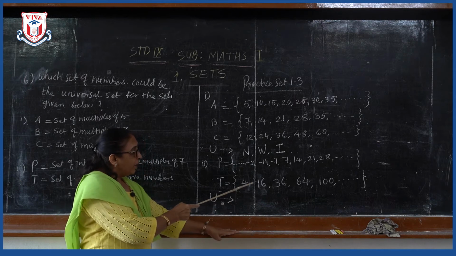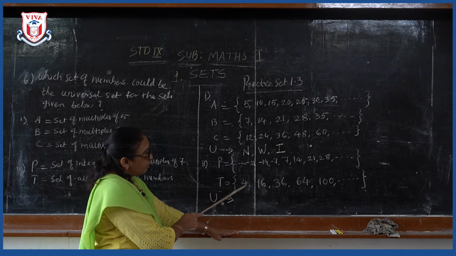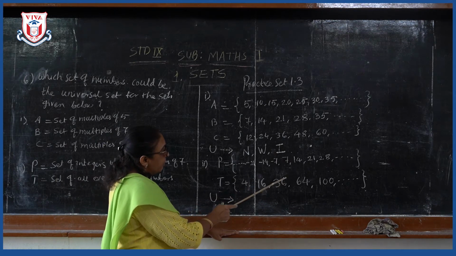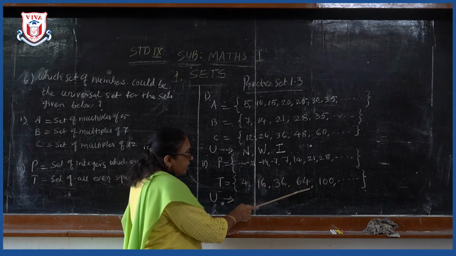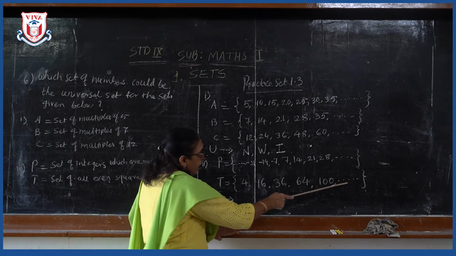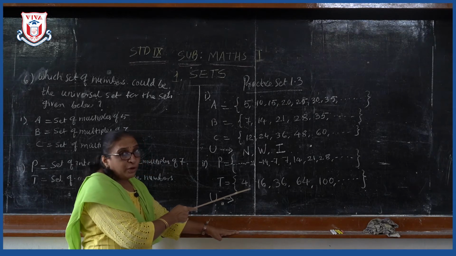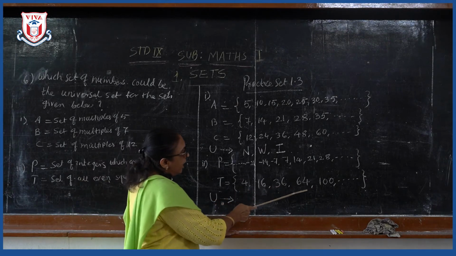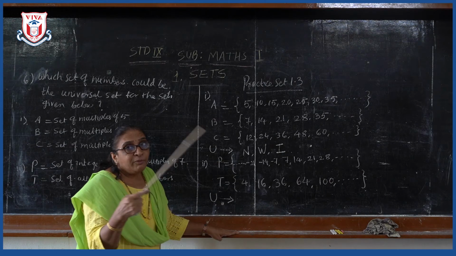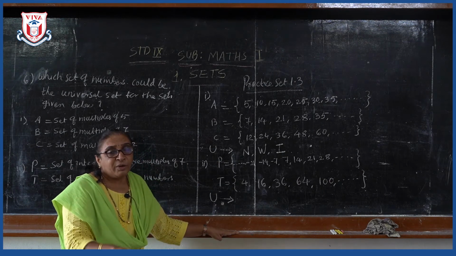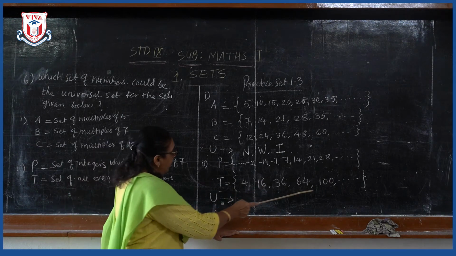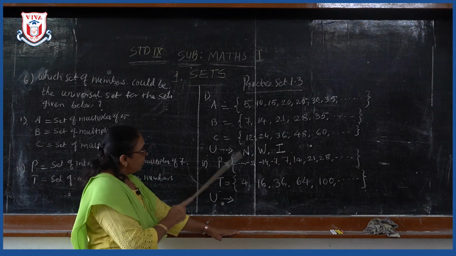So the even numbers' complete squares are 4, 16, 36, 64, 100 and so on. These are the squares of 2, 4, 6, 8, 10 and so on. So what will be the universal set?